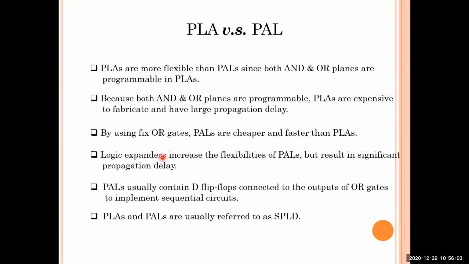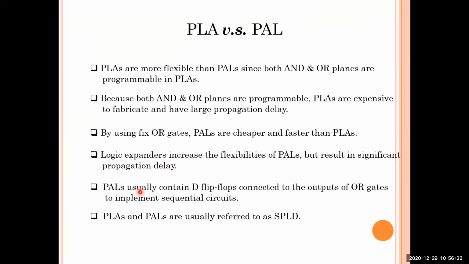Logic expanders means I have told about the different kinds of logic being used, like multiplexers, XOR gates, OR gates, and these expanders are also called macro cells. Because of this, there is huge flexibility compared to the PLA, but it results in some propagation delay, though not as high as in the PLA.